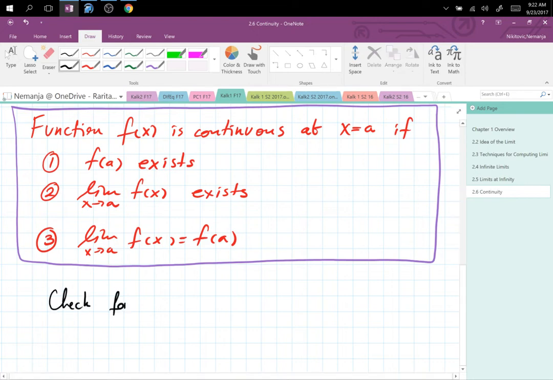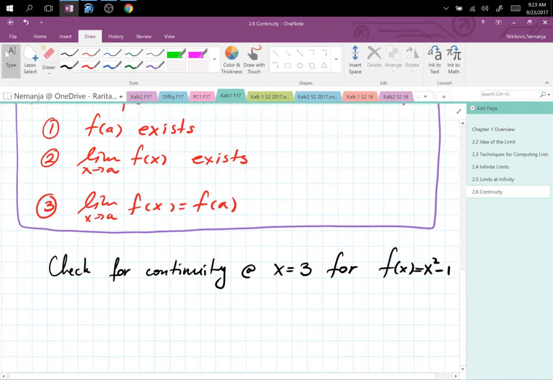For instance, check for continuity at x equals 3 for f of x equal x squared minus 1. You will simply go and say f of 3 is 3 squared minus 1, which is 8.